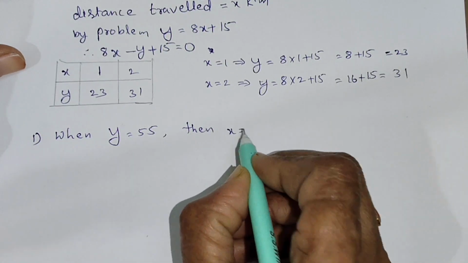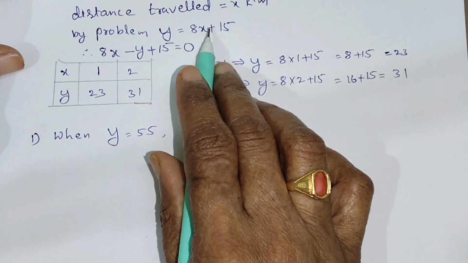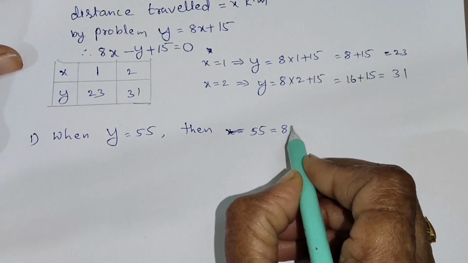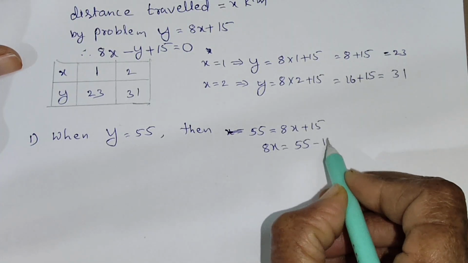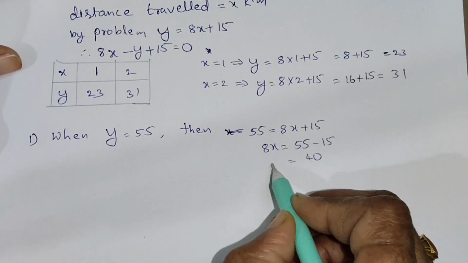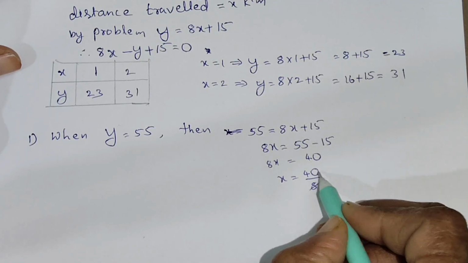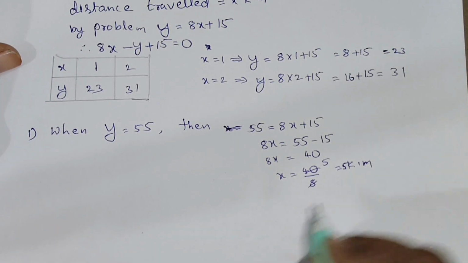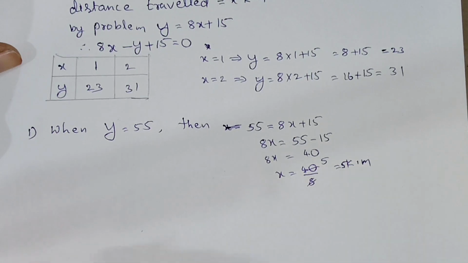In this equation we write y equal to 55. 55 is equal to 8x plus 15. 8x equal to 55 minus 15. 8x equal to 40. X equal to 40 by 8. 8 fives are 40, so x is equal to 5 kilometers. If y equal to 55, x equal to 5 kilometers.